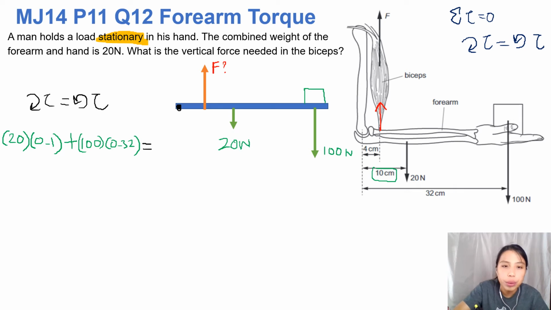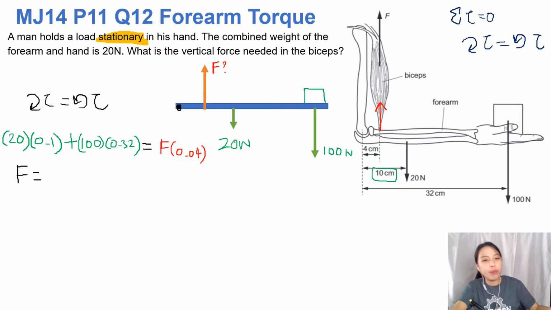Great. Okay, so we'll just say F times some distance, 4 cm only. Wow, very short. 0.04. Okay, so we plug in our calculator to see what we get for F. You can go ahead. Don't need to wait for me if you got it.